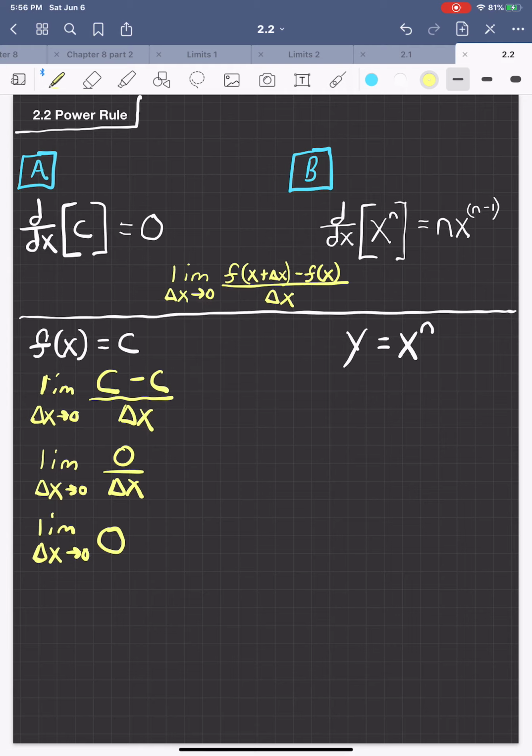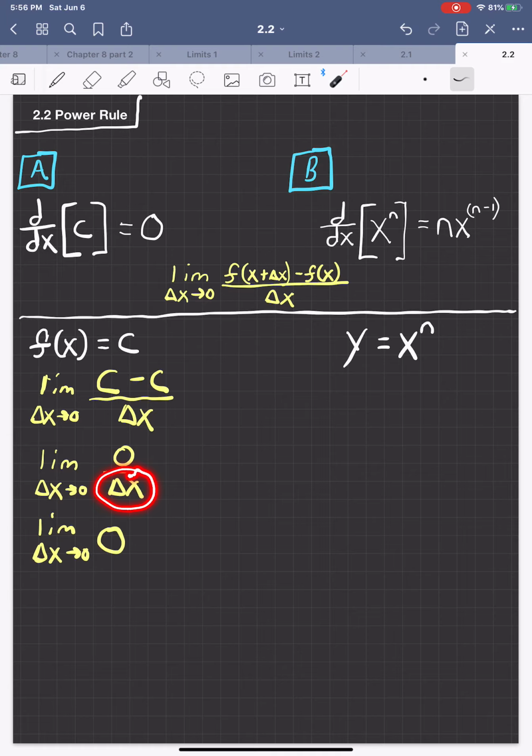I hope that I didn't say that too quickly. I understand that for all intents and purposes, delta x is 0. Please understand that what we're really saying is that delta x is a distance between two numbers. And we're saying that we are choosing a distance that is so infinitesimally small that it is, for our purposes, indistinguishable from having a distance of 0.